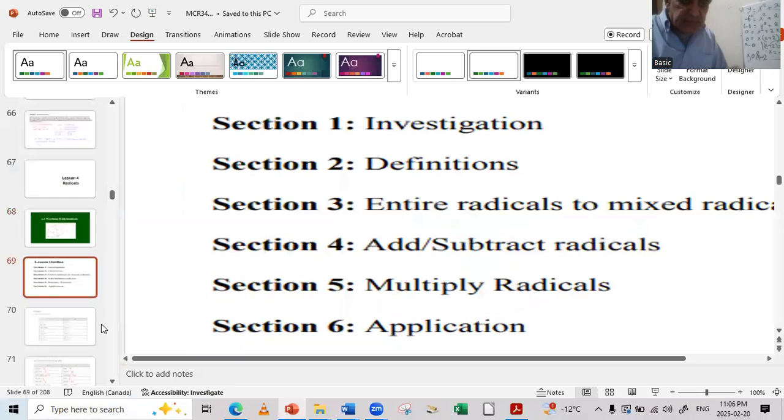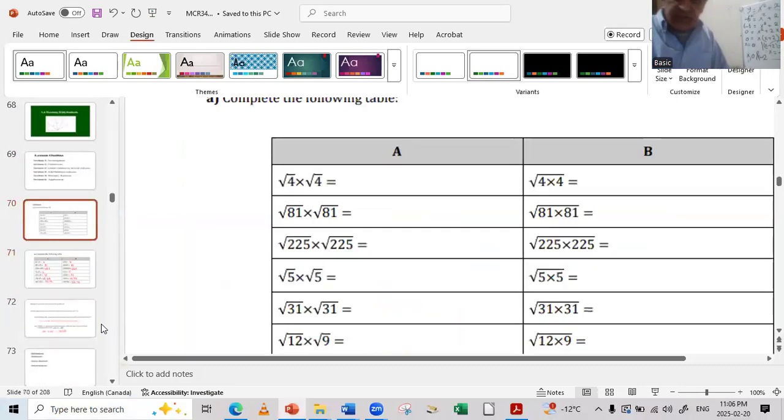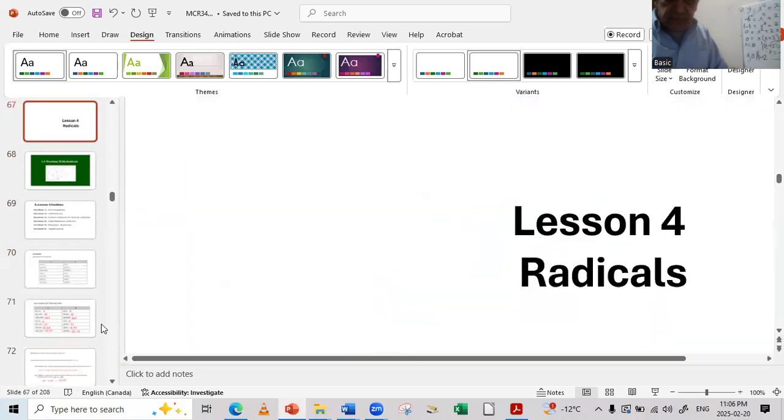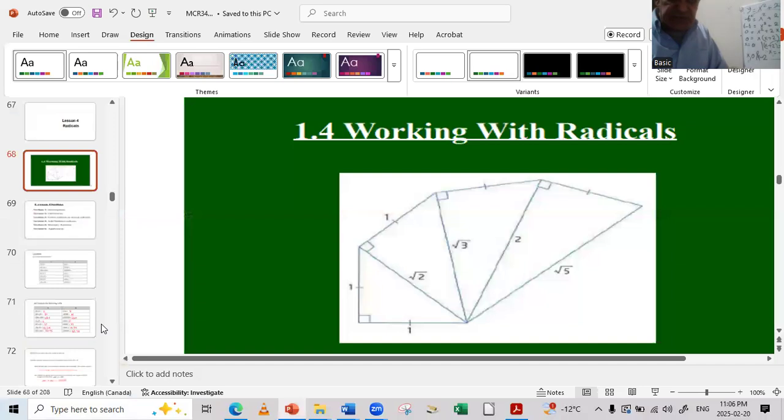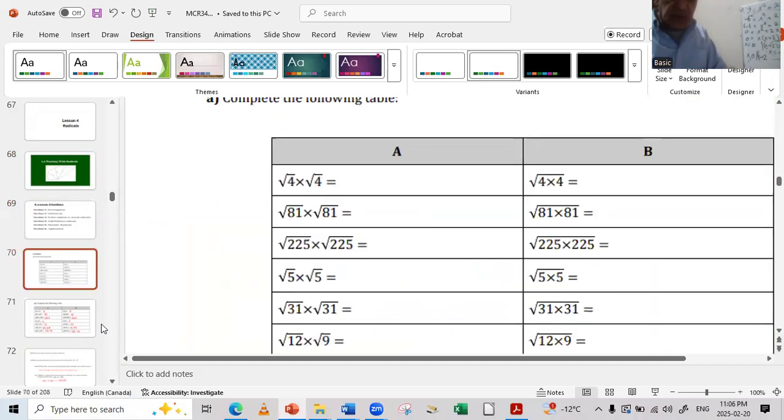Actually, the others are some same. Here we are going for the roots, and we will see what the meaning of radicals is. Here, the radicals are the roots. So this unit is about the radicals and how to work with the radicals. I will just tell you the rules of the radicals, just review it quickly so that we will have an idea about it.